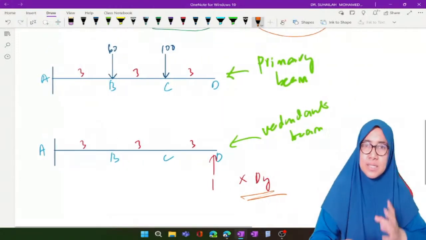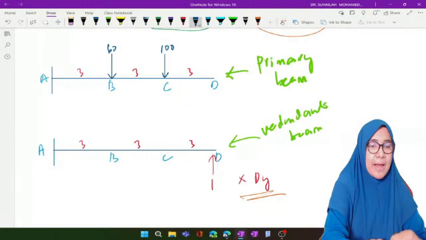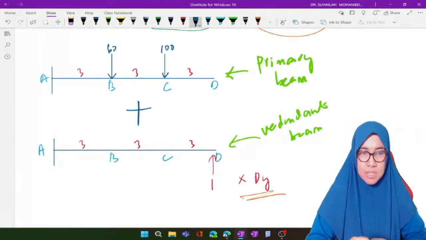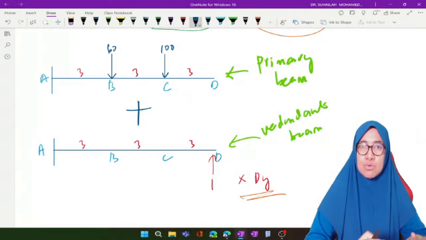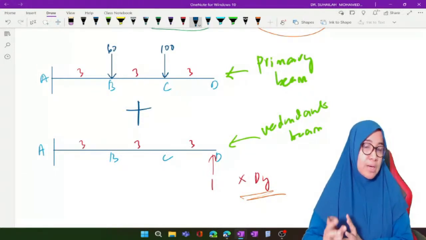Okay, so based on the principle of superposition, these two diagrams are added. We have to add these two in order to get the original or actual beam condition.